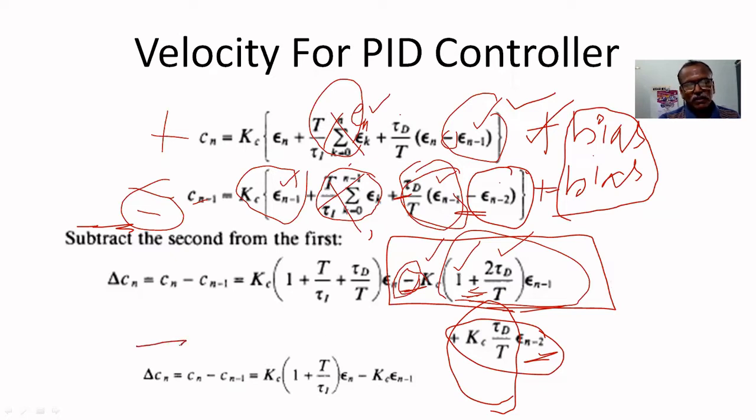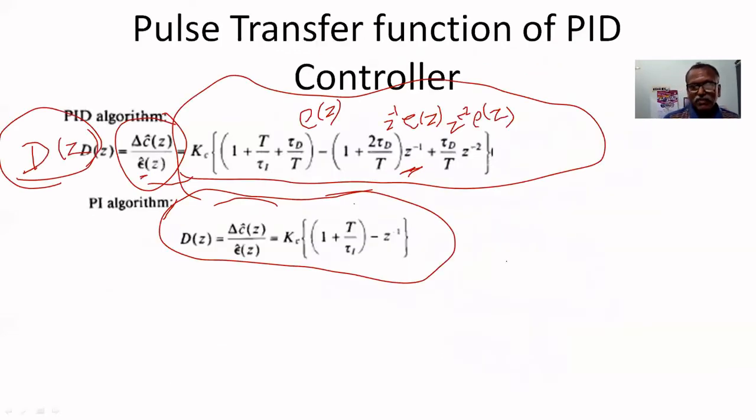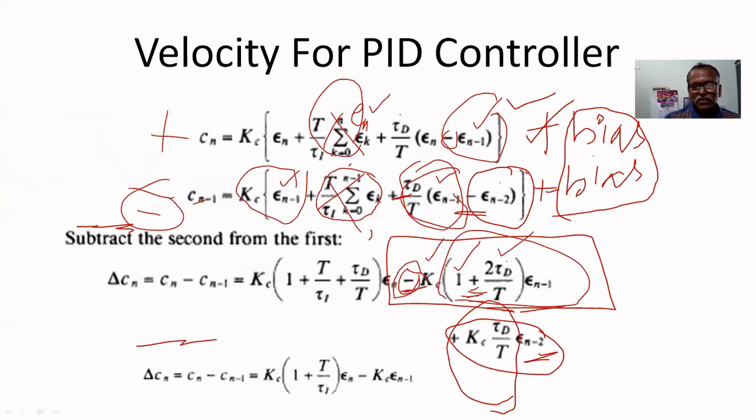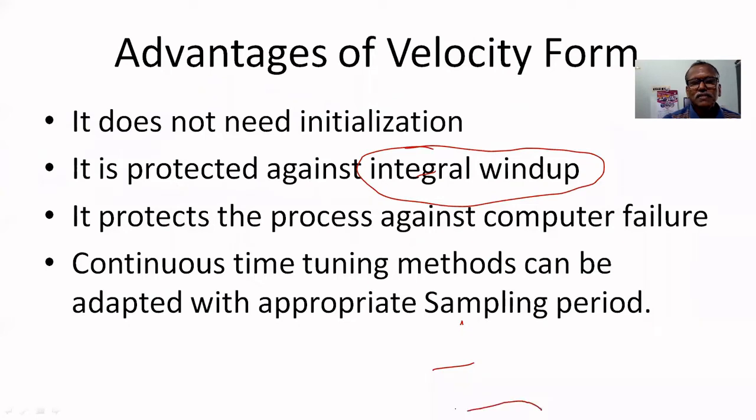That's why there is no initial value required for this. Bias is automatically included because the total controller output is equal to the previous controller output plus the change in controller output. So bias is automatically included in the control algorithm. That's why there is no need of bias. Initialization is not required.